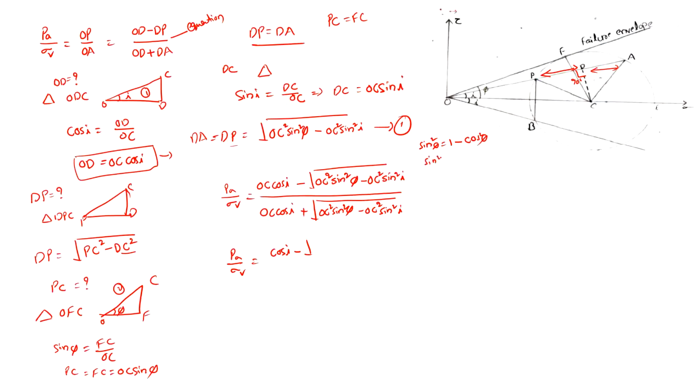And here sine square I is there, instead of sine square I we can use 1 minus cos square I. I will write here, okay, 1 minus cos square phi minus 1 minus cos square I. Same way cos I plus, we can get here 1 minus cos square phi and minus 1 minus cos square I. And with this we can cancel PA and sigma V. Here if we multiply this term by minus 1 we get plus cos square.